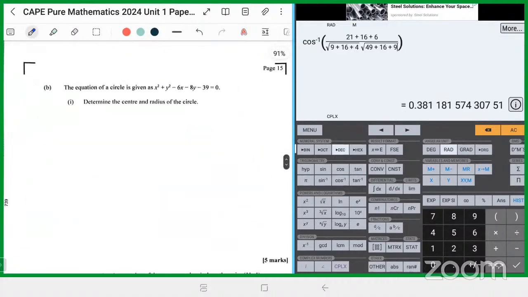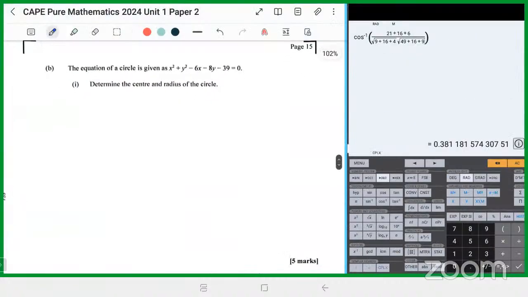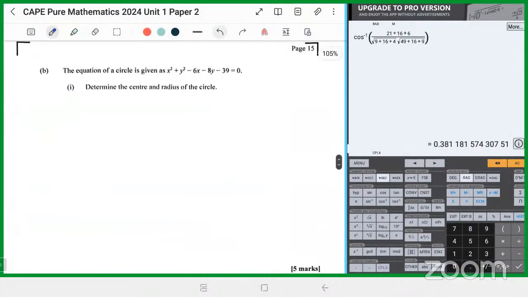This part down here says the equation of a circle is this one. We want to determine the center and the radius. So what I'm going to do is write this in the standard form. This is a general form. The standard form is x minus a squared plus y minus b squared equals the radius squared.